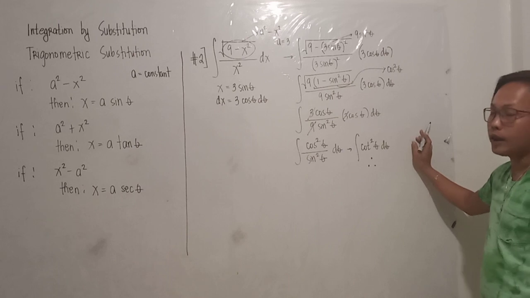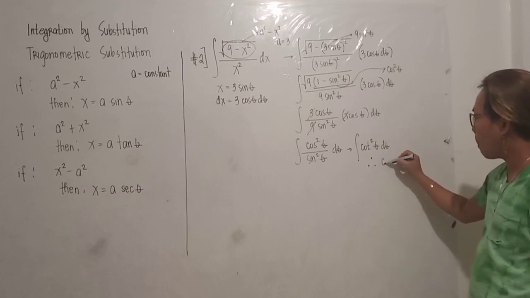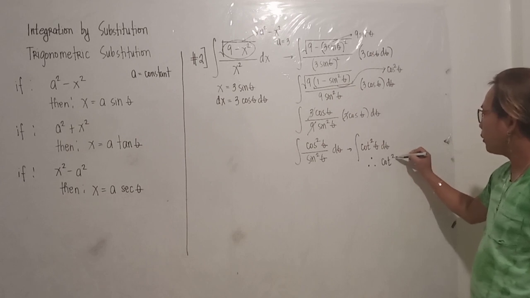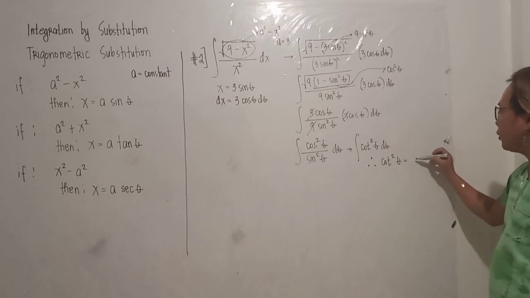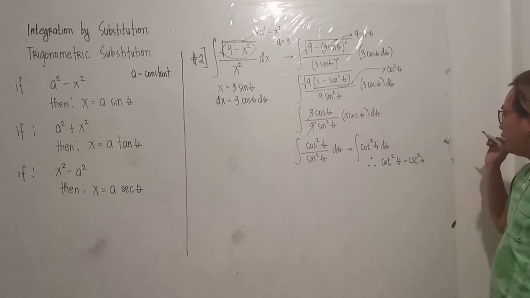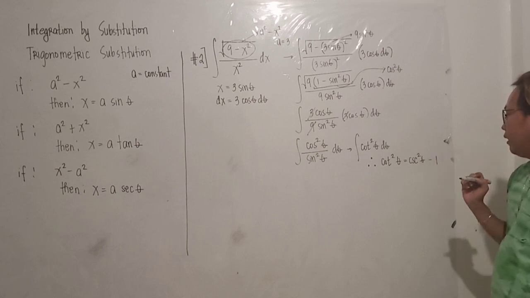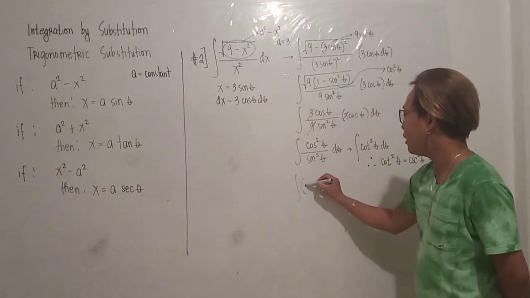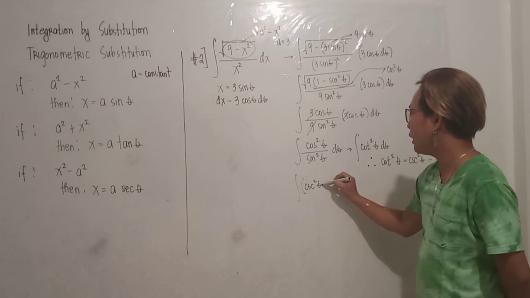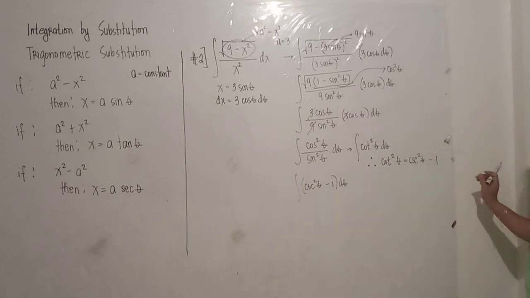So we need to use the trigonometric identities ng cotangent, which is cotangent squared theta equivalent to cosecant squared theta minus 1. So you will now have the equation as cosecant squared theta minus 1 d theta.